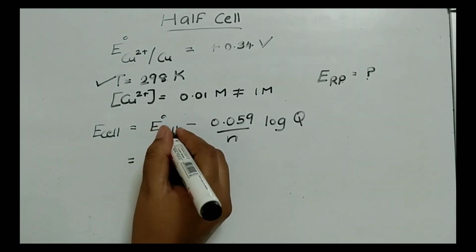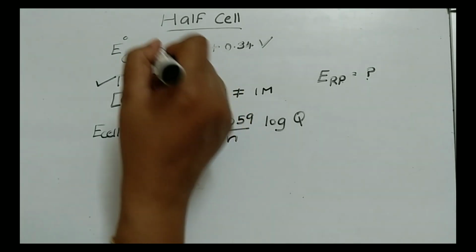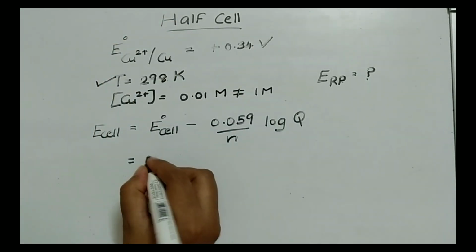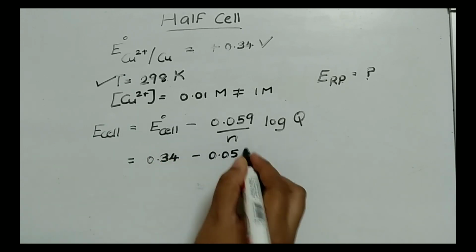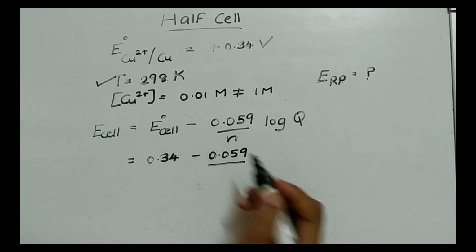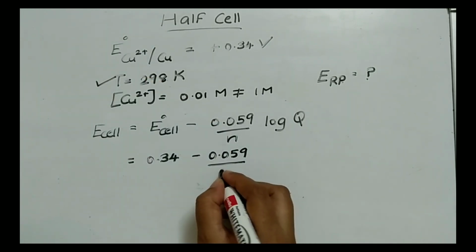E degree of the cell, that means of this cell, is given as 0.34 minus 0.059 upon n, where n is the number of electrons. Now here how many electrons are there? 2.